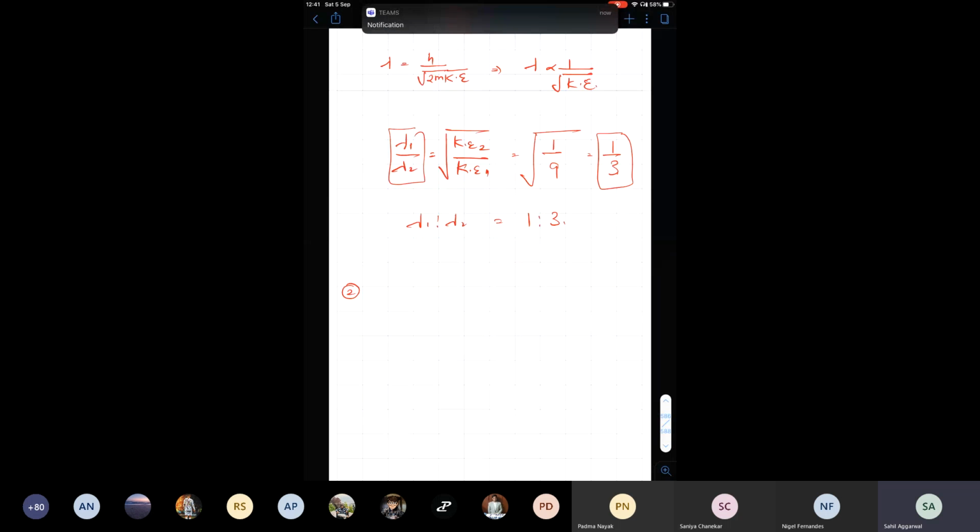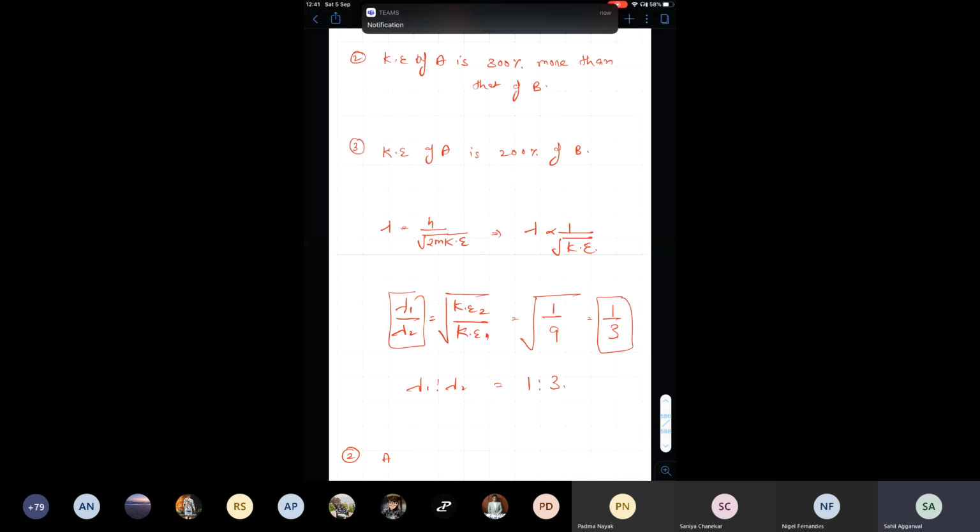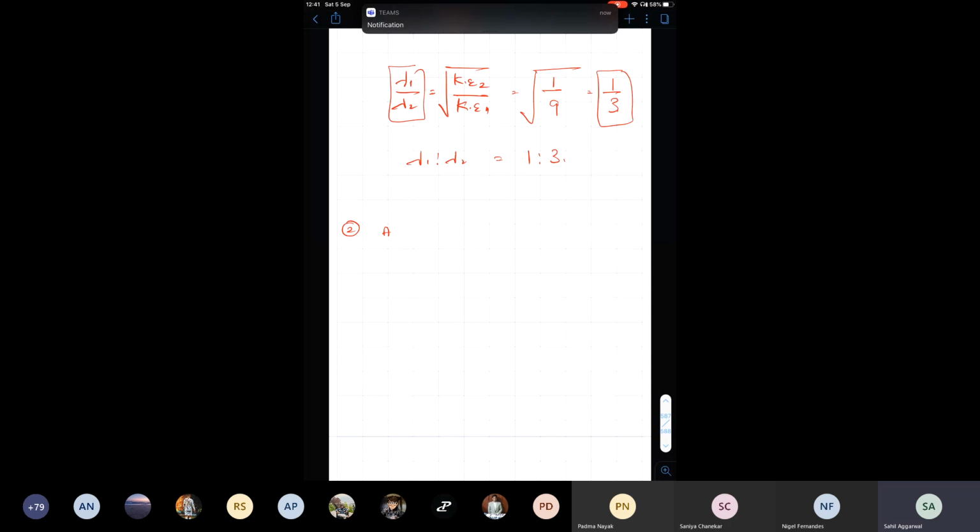Okay. Second, kinetic energy of A is 300% more than that of B. So if the kinetic energy of B is x, then the kinetic energy of A will be 4x, right?